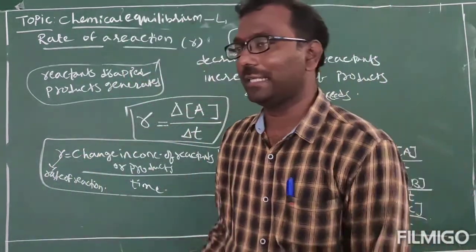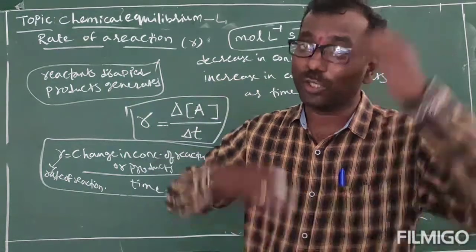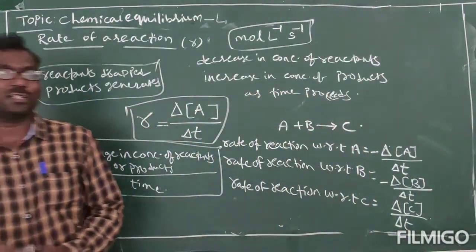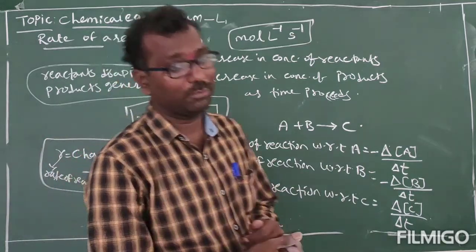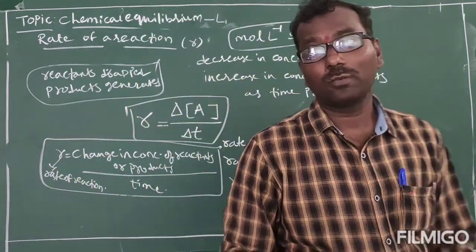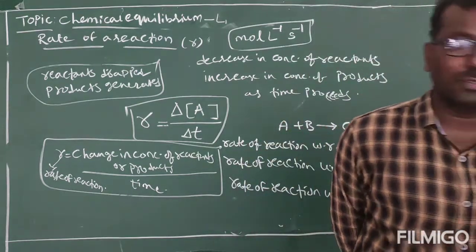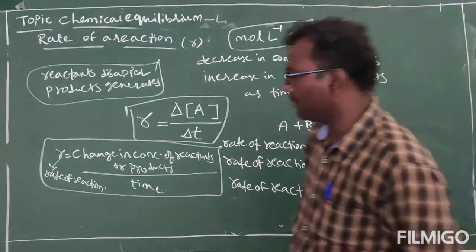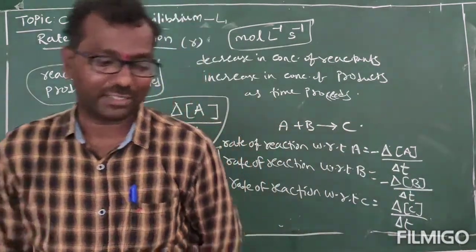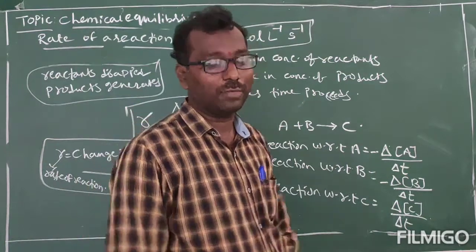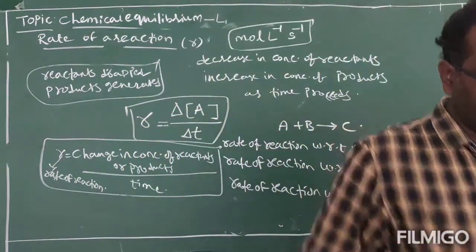Only up to this class. Afterwards, again the rate of reaction units will change. Chemical kinetics will come again. First order, second order, third order reactions will differ again. Accordingly, we will be seeing that in the next video. So this is all about the equilibrium introduction part.